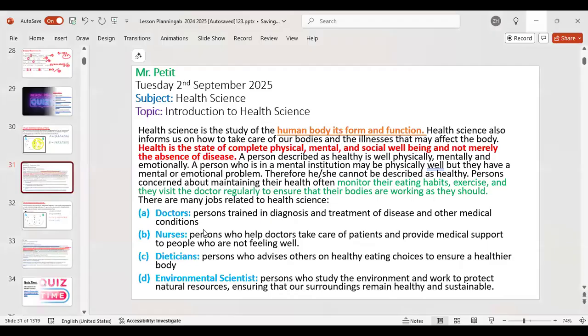Okay, so let's move on to general science. Those of us who are doing general science, let's move on to that. And then we get to be out of here. Okay, so all right.